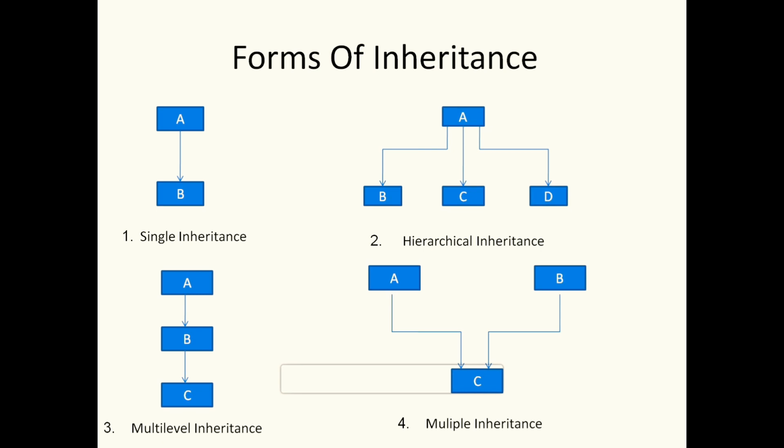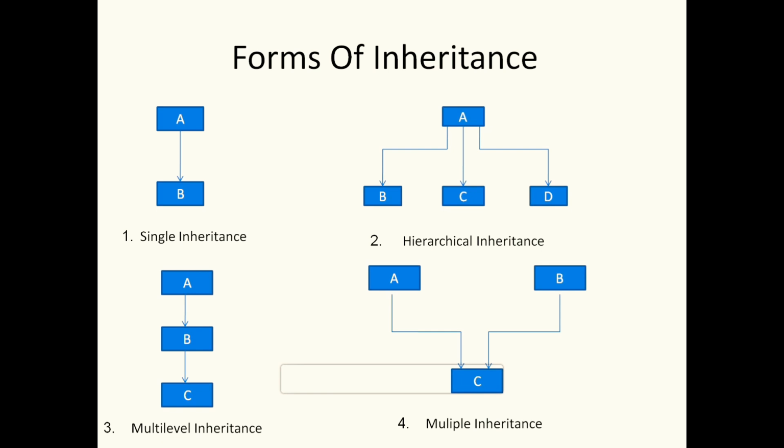It means class B acquires the properties of class A, meaning class B can use the methods and variables of class A. The second is hierarchical inheritance. There is only one parent class and three child classes. The child classes are B, C, and D, so B, C, and D can acquire the properties of class A.